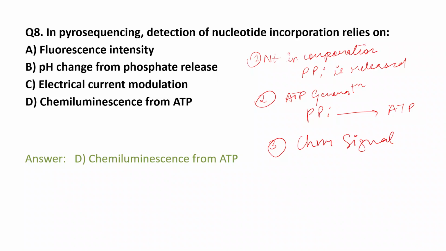This catalyzes a light emitting reaction using luciferin. The intensity of the emitted light is proportional to the amount of ATP, which corresponds to the number of nucleotides incorporated. So the light signal is detected and recorded, which allows for real-time sequencing of DNA.